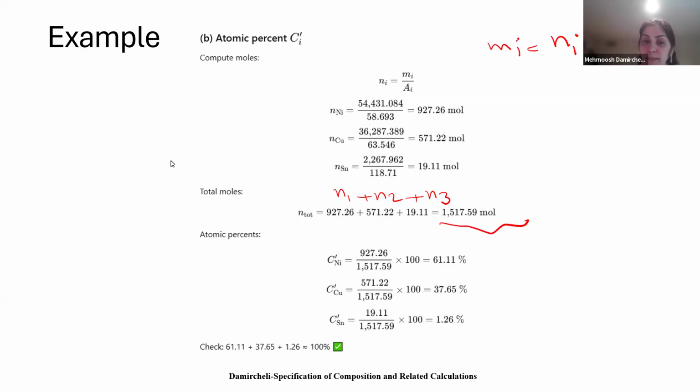What is atomic percent? The mole of each component divided by total mole times 100%, and we find it. As with the other fractions expressed in percentage, the summation of all of them should be 100. You can check that and see whether you are correct or not.